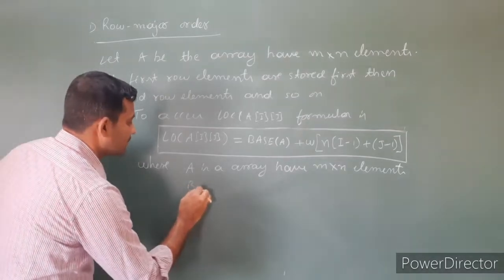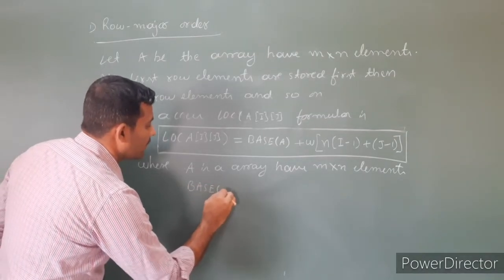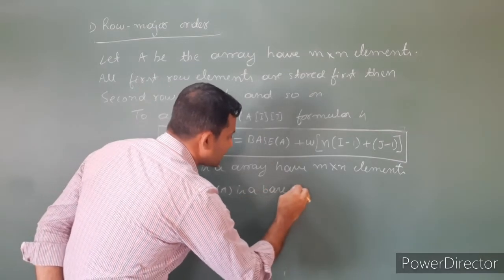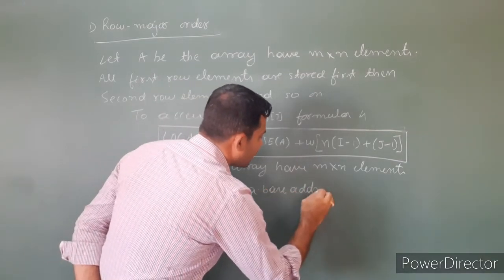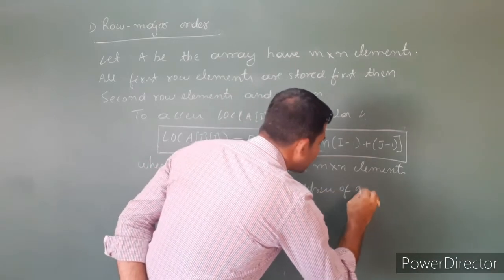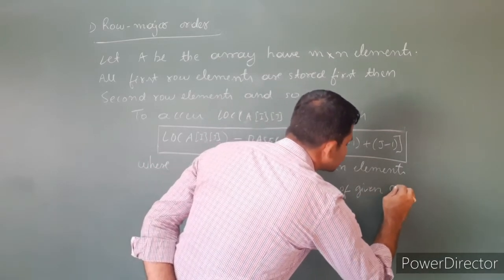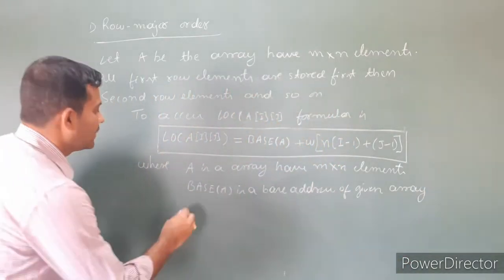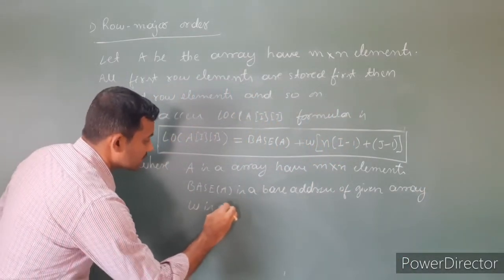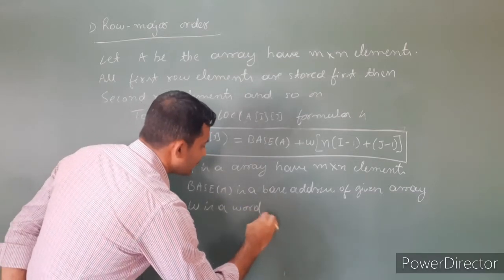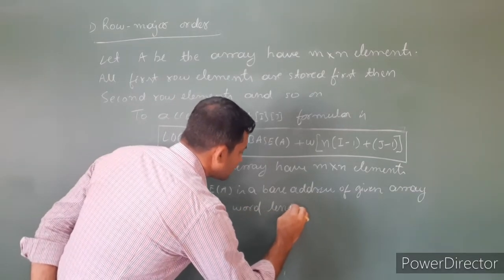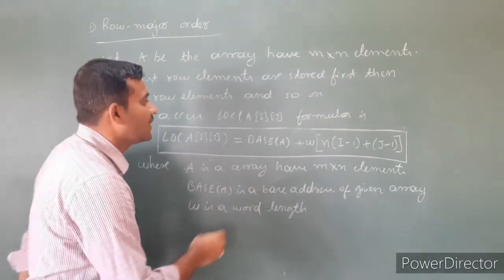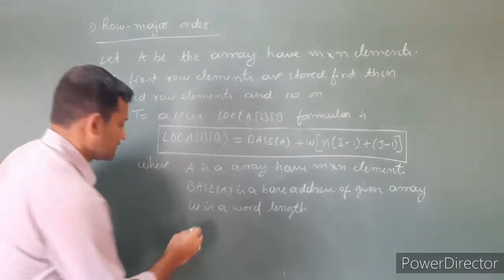Base of A is the base address, the base address of the given array. W is the word length, it is the data type. Then i and j are the indices.